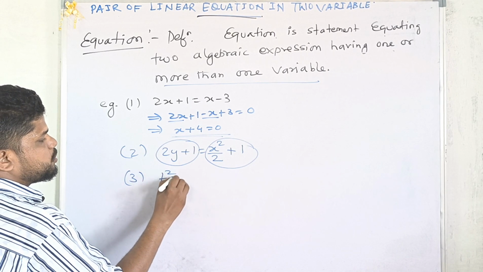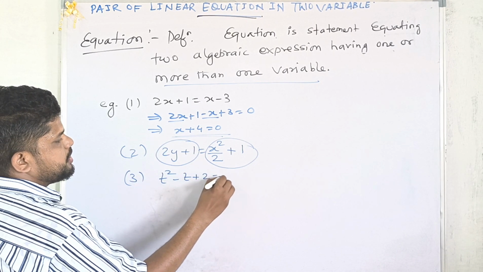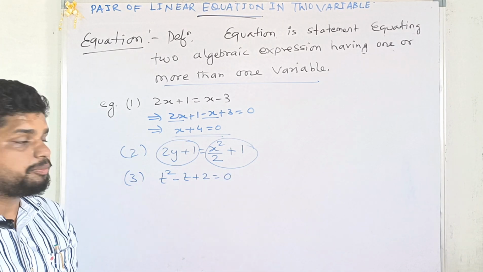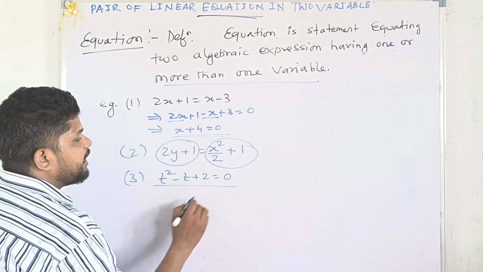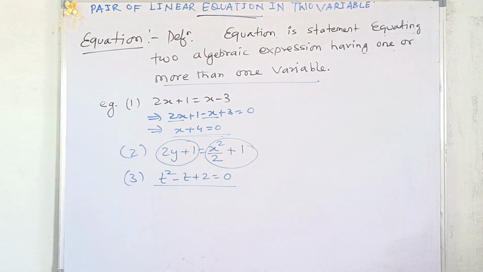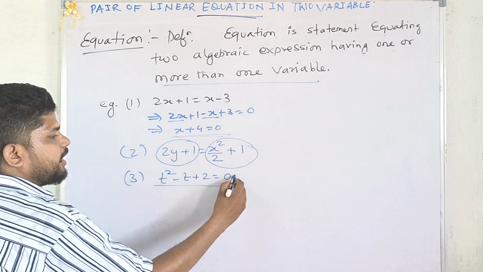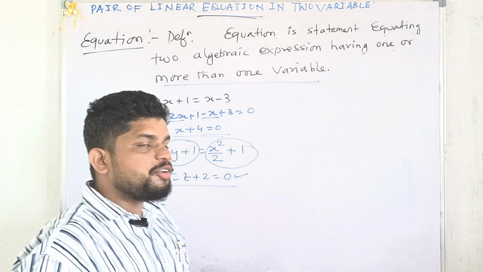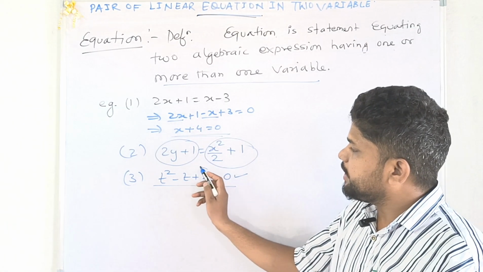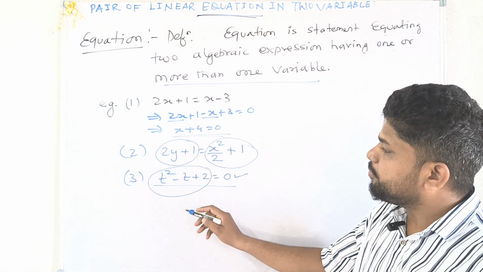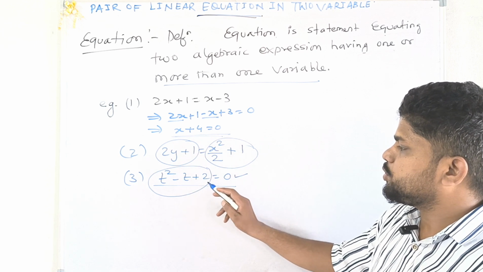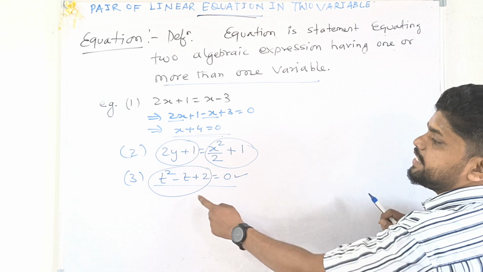Can I say that t square minus t plus 2 is equal to 0 is also an equation? It satisfies the definition of an equation. Here, we know that 0 is also an algebraic expression. Okay, so here one algebraic expression is in terms of the variable t, that is t square minus t plus 2, whose degree is 2.